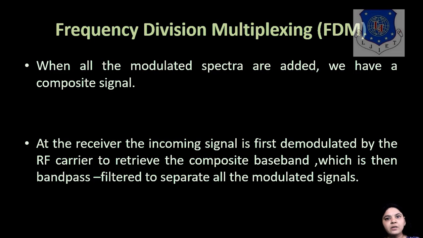Now what do we want? We want F1, F2 and F3. What we should do is pass it through the band pass filter, and this band pass filter will filter out the F1, F2 and F3 frequencies, and we can have the demultiplexed output at the receiving end.